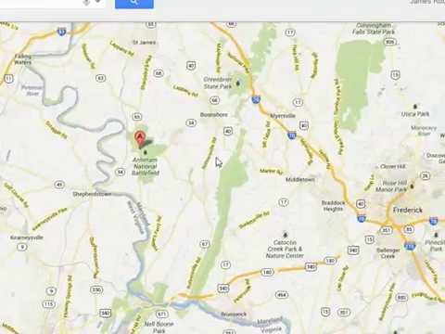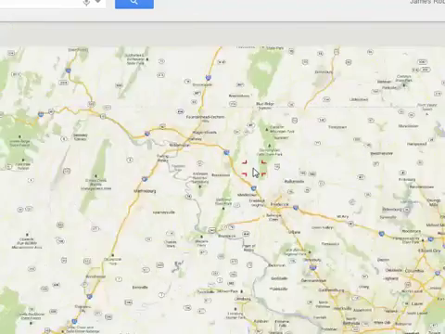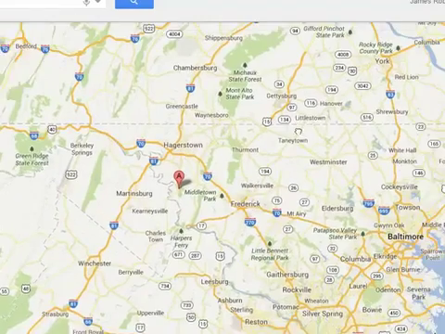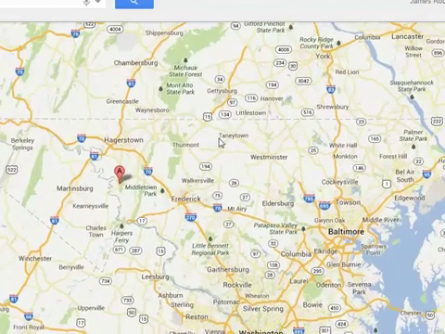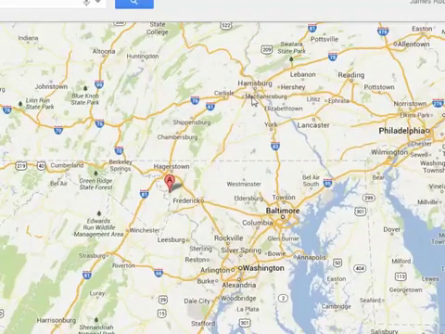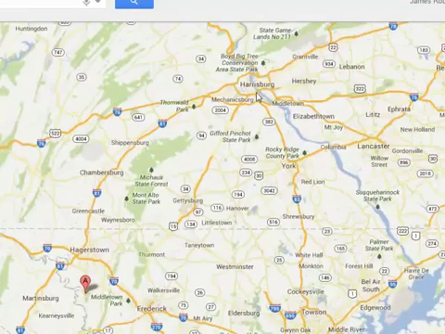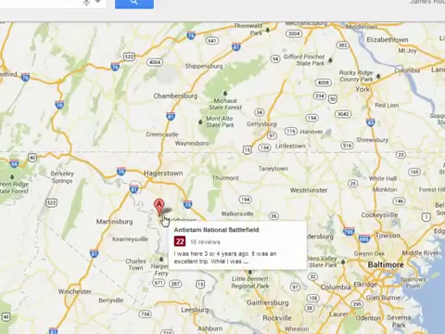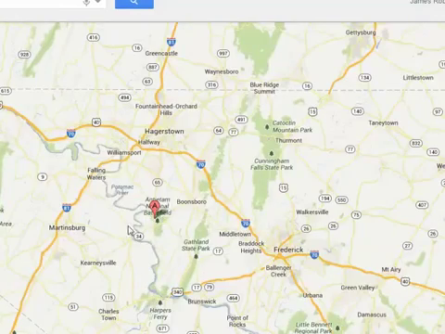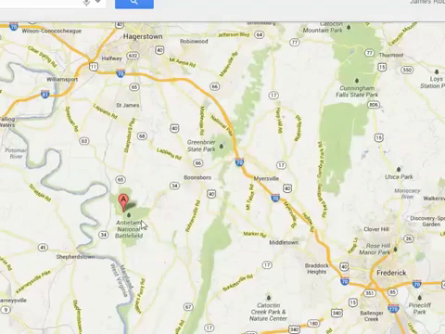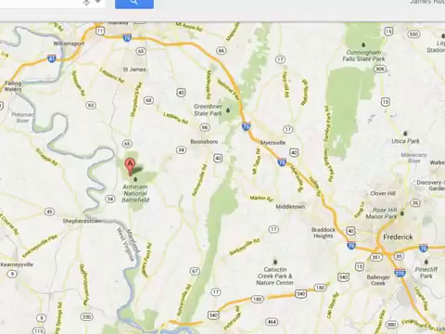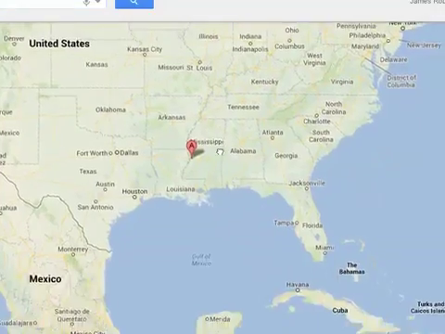What was he heading for? Let's see if we can find Harrisburg, Pennsylvania. There it is. Right here, Harrisburg, Pennsylvania. So that's what he's heading for, and there's Antietam, or the Battle of Antietam, 1 day, the single bloodiest battle we talked about.